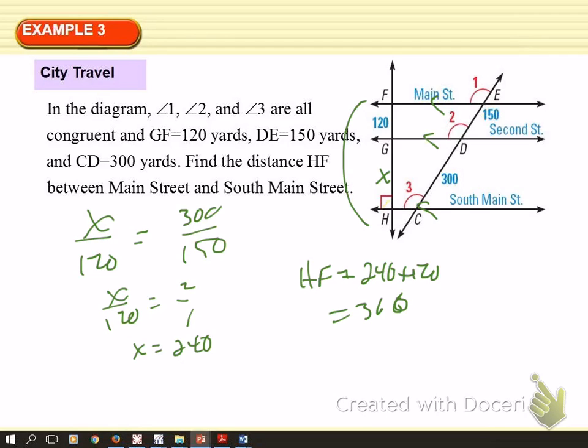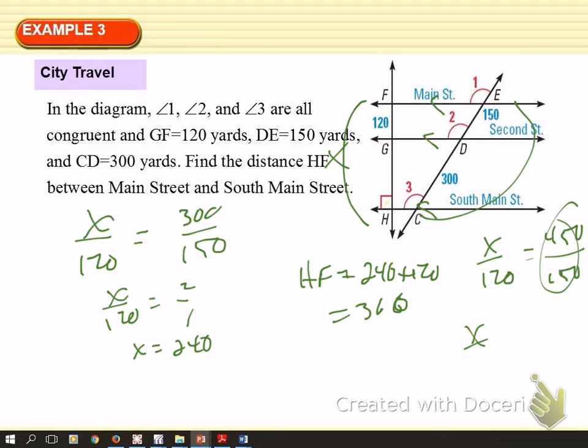Or you could make HF X and then write a ratio of X to 120 equals the whole thing here, which is 450, to that bottom piece, 150.